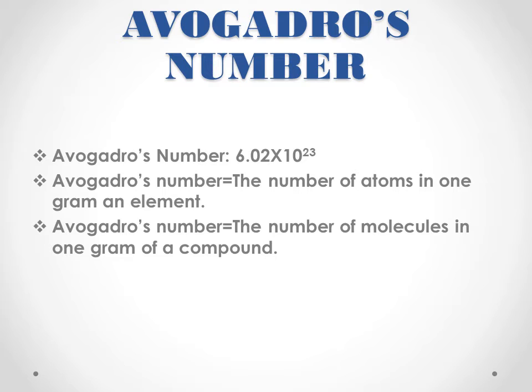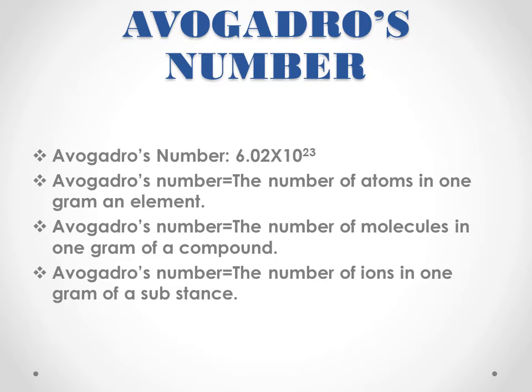Here you see the number of atoms in 1 gram of an element is equal to Avogadro's number. You also see the number of molecules in 1 gram of a compound is also equal to Avogadro's number.